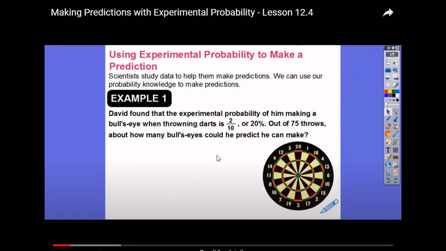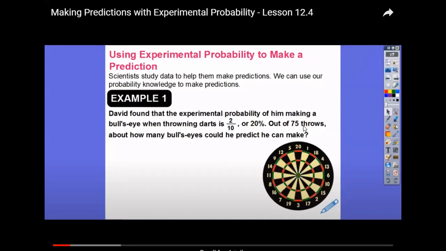David found that the experimental probability of him making a bullseye when throwing darts is 2 out of 10 or 20%. If you change 2 out of 10 into percent, then 2 over 10 times 100 will be equal to 20%.